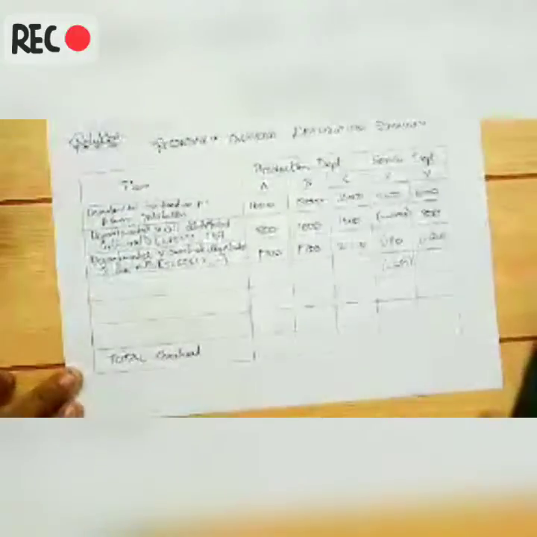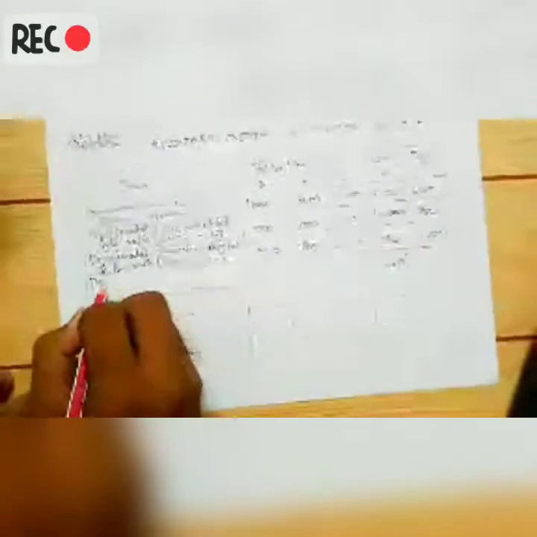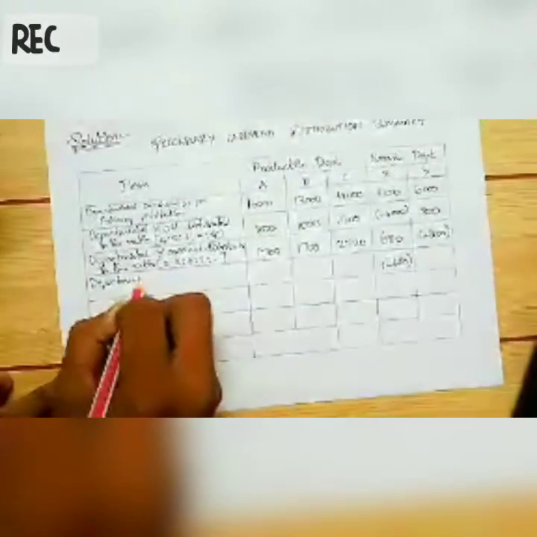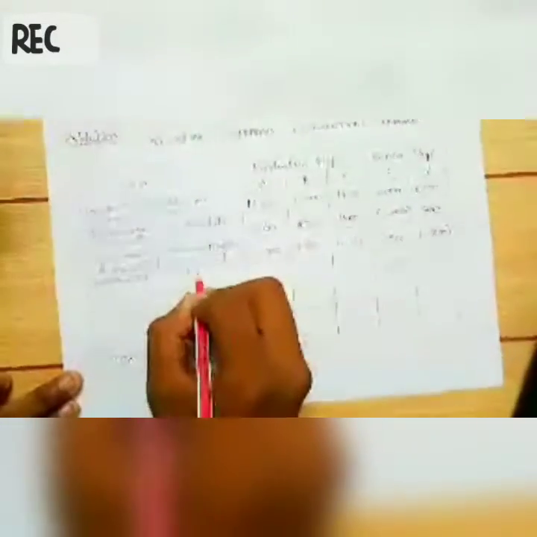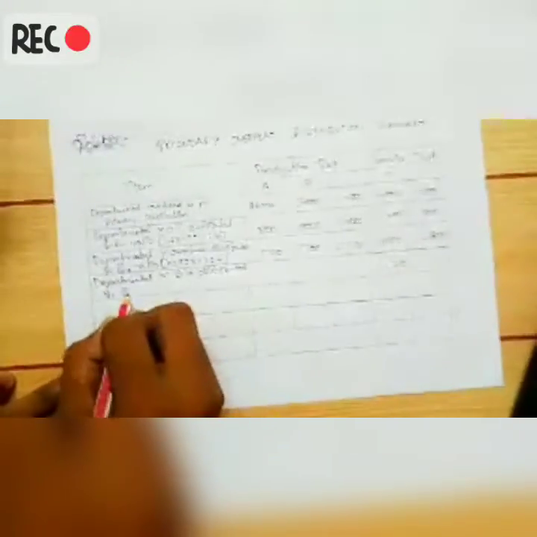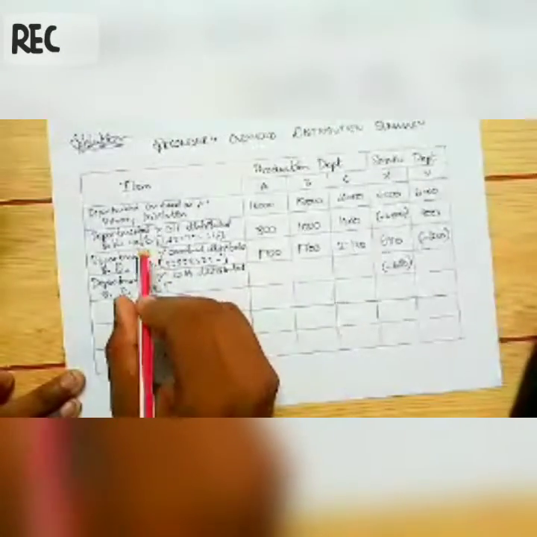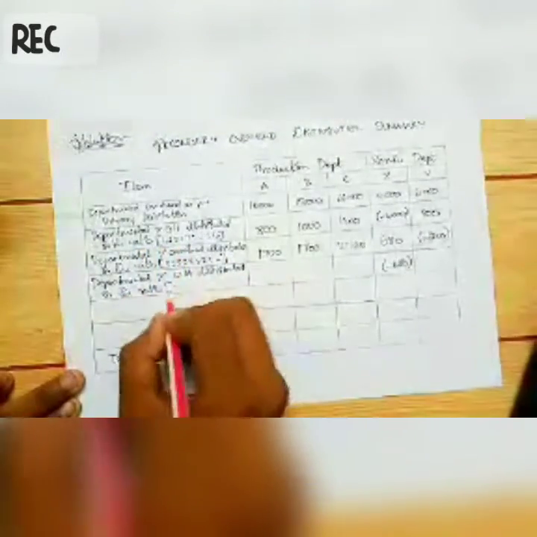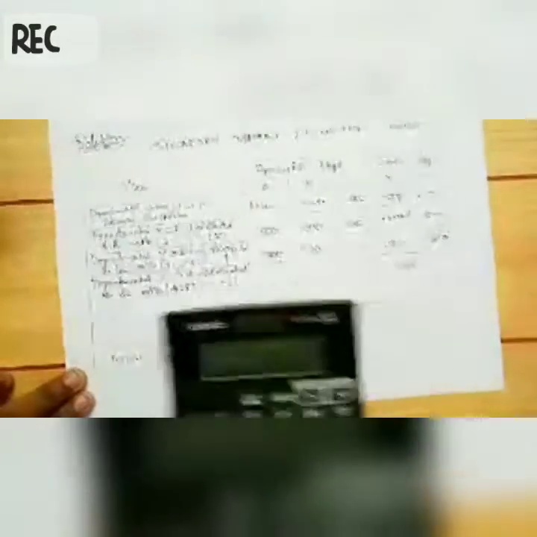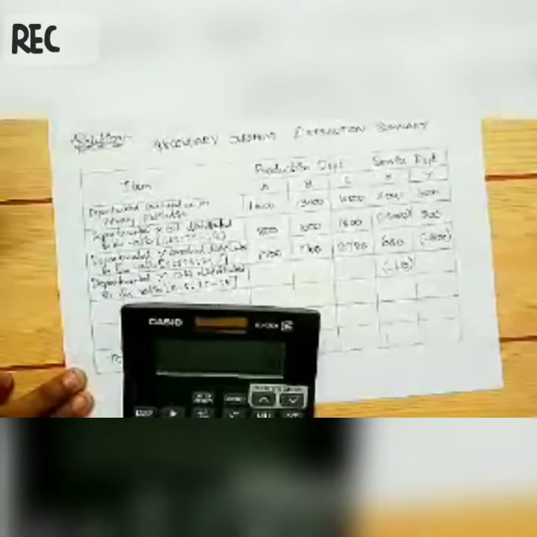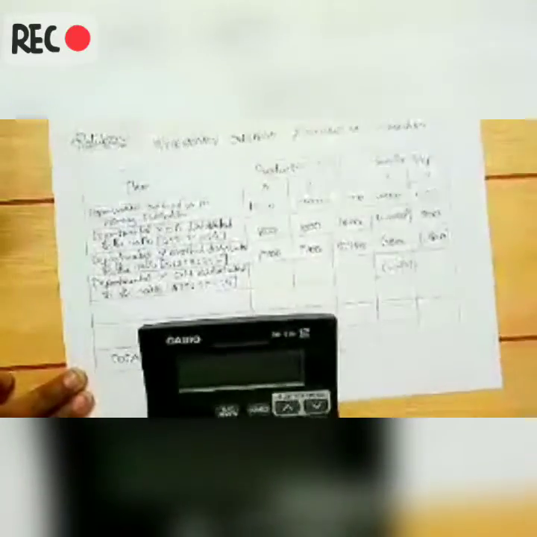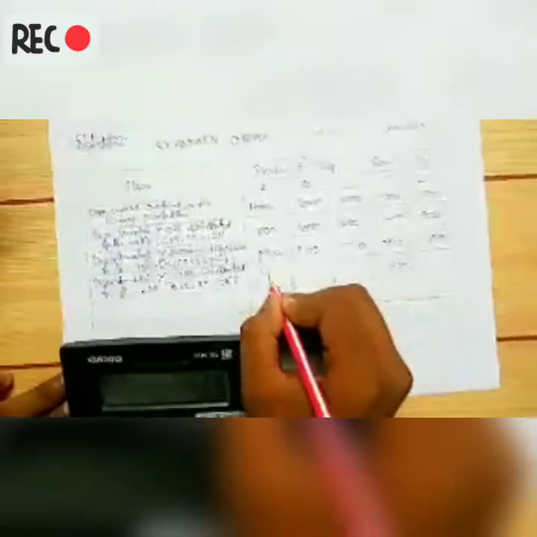The next step, we have to make X column 0, 680. Then we should write in the item column departmental X overhead distributed in the same ratio as we wrote earlier, 4:5:7:0:4. Now let us calculate the value. 680 into 4 divided by 20, 136.